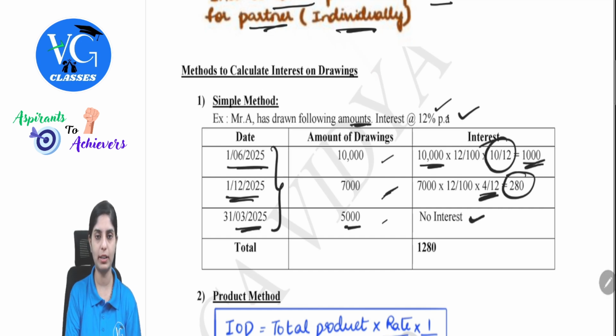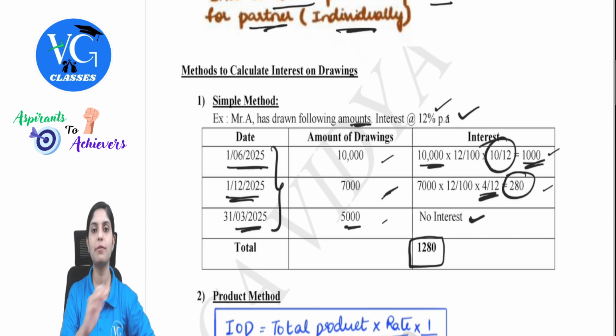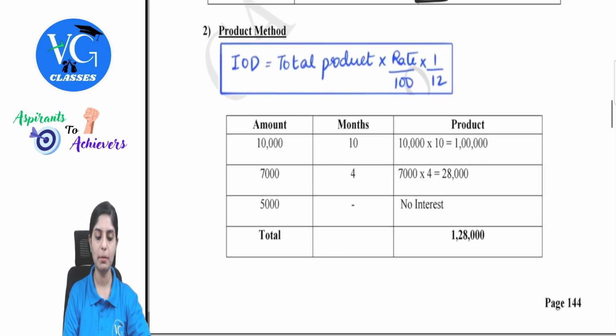So there will be no interest. Total interest which is due would be 1,280. That is 1,000 plus 280. So this is how we calculate it as per the simple method. While reading the question, if nothing is mentioned in the question, we will simply follow this approach itself. Clear? Yes.